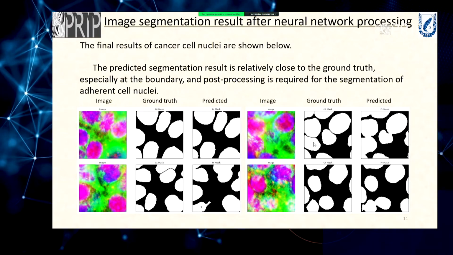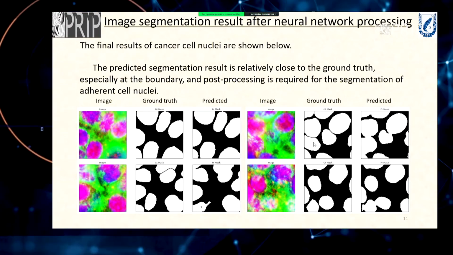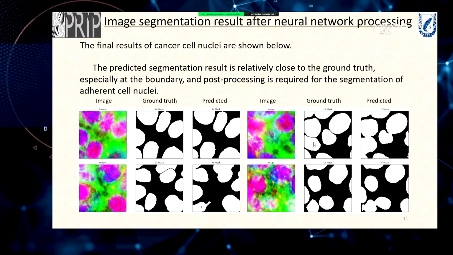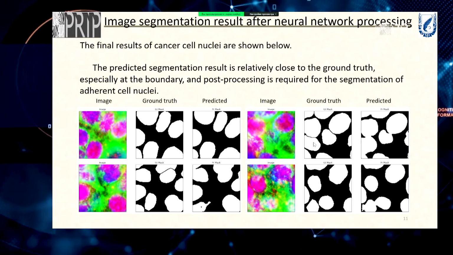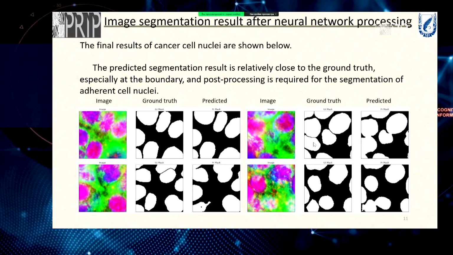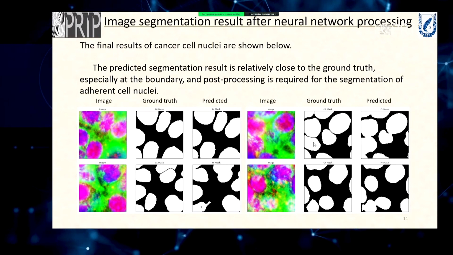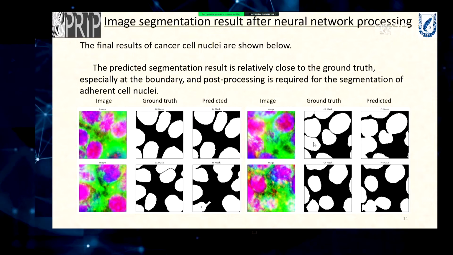But unfortunately, in the third and fourth groups of images, it has artifacts. And yes, it has image distortion on the boundary.